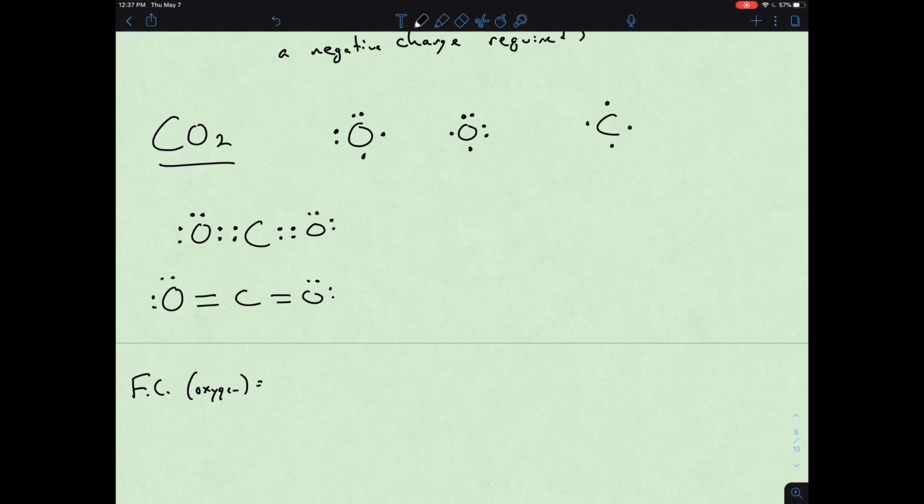Meaning oxygen has 6 valence electrons, minus it has 4 in lone pairs, and it has a double bond, or 4 electrons being shared, and my oxygen formal charge is 0 based on that idea.